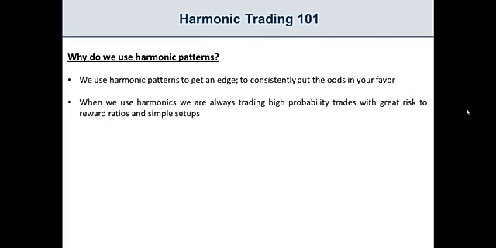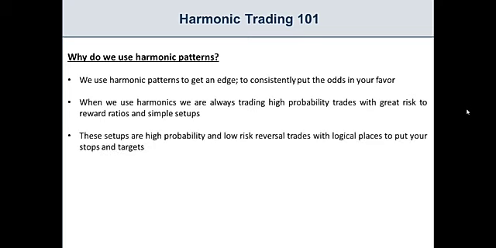You just have to practice, and once you practice and these patterns pop in your eyes, it will be super easy for you to trade them. And once they are drawn on your charts, the setups are quite easy because the areas to put your stops and the areas to put your targets are very logical. These setups are high probability and low risk reversal trades with logical places to put your stops and targets.